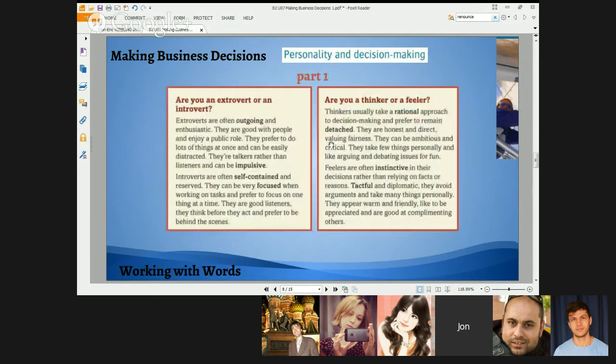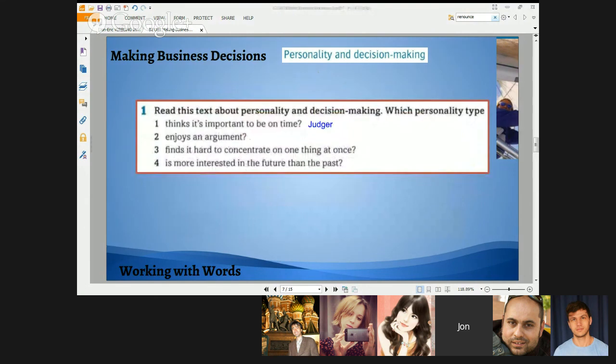So Yuki, you're saying that it's the thinker who enjoys the argument. Is that right? Okay, it's just a guess. It doesn't have to be right or wrong. It's just to see how much of the details you remember. So let's put thinker down there for that. Which personality type finds it hard to concentrate?